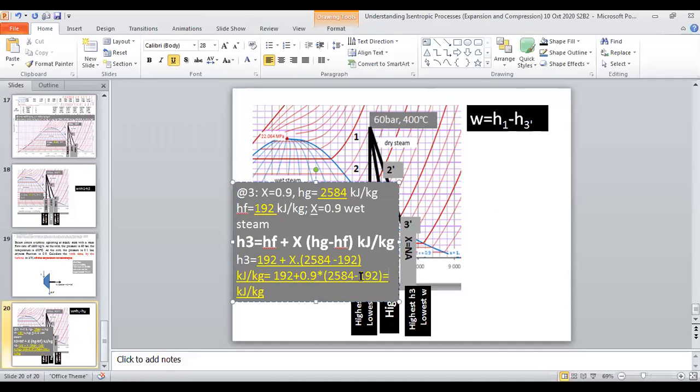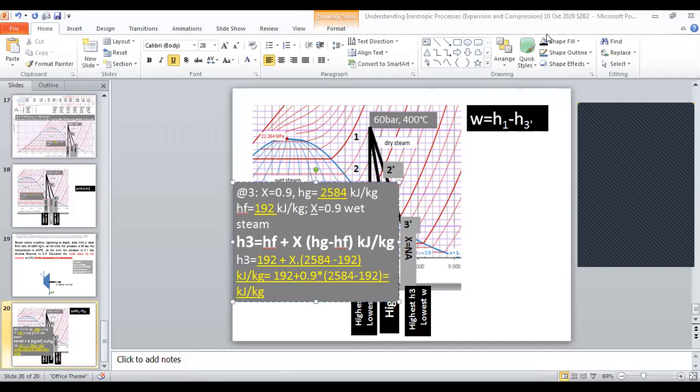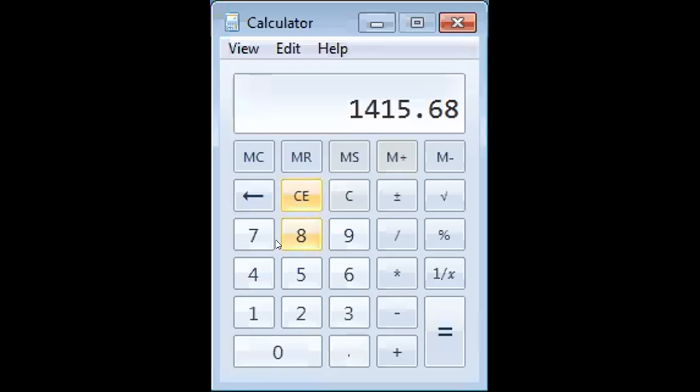Let's go to the calculator. 2584 minus 192 is 2392, times 0.9, that is x, equals 2152 plus 192, which is 2344.8.